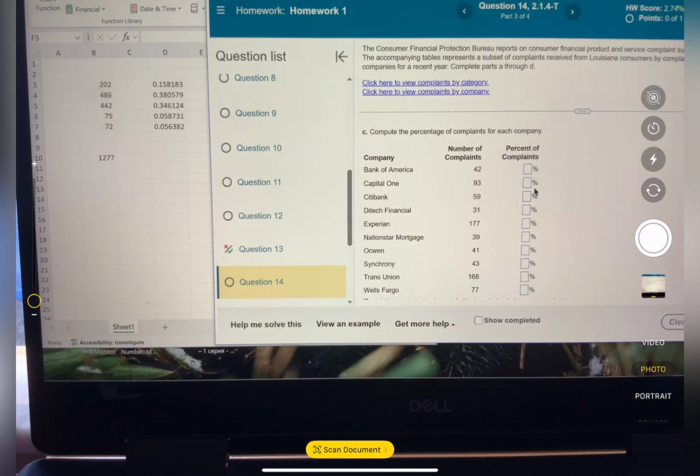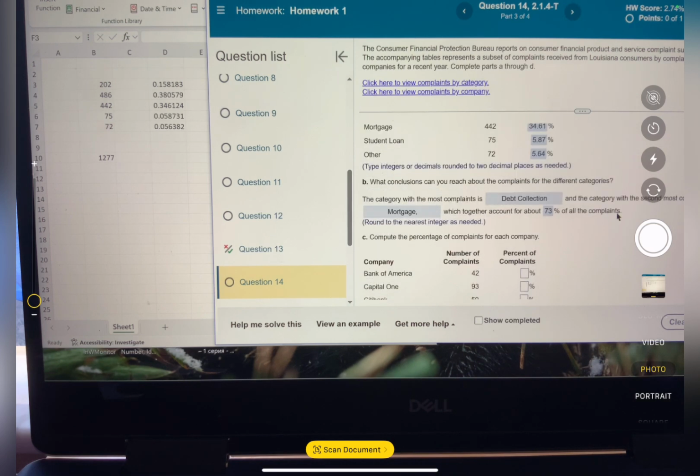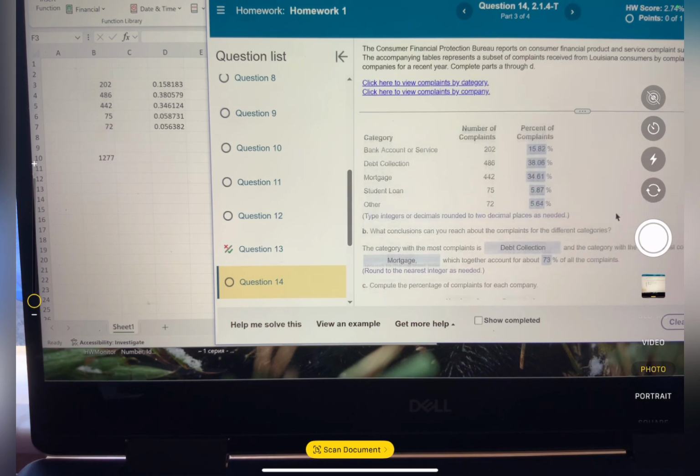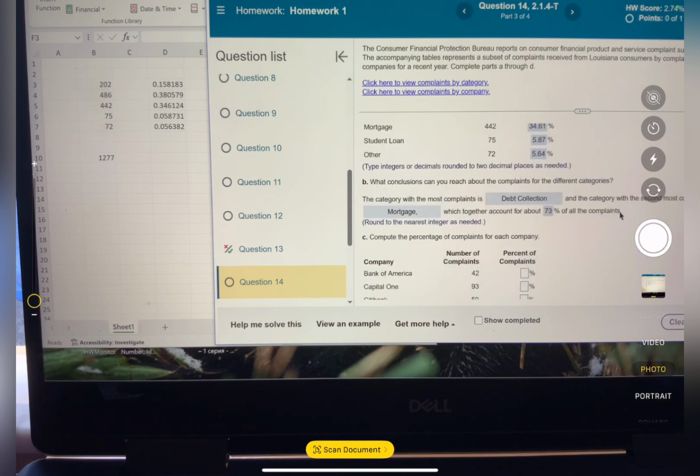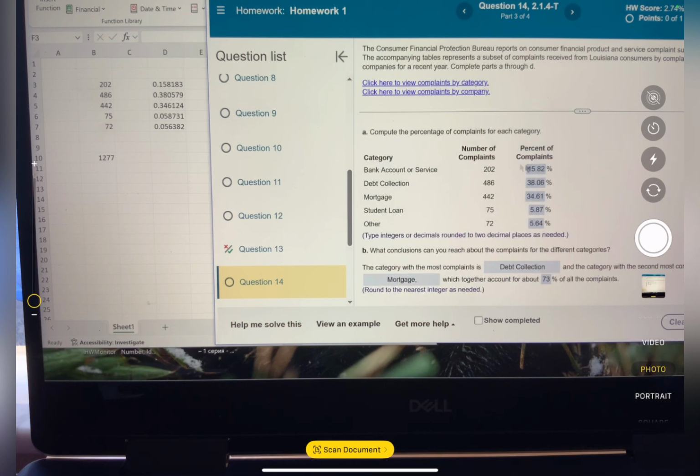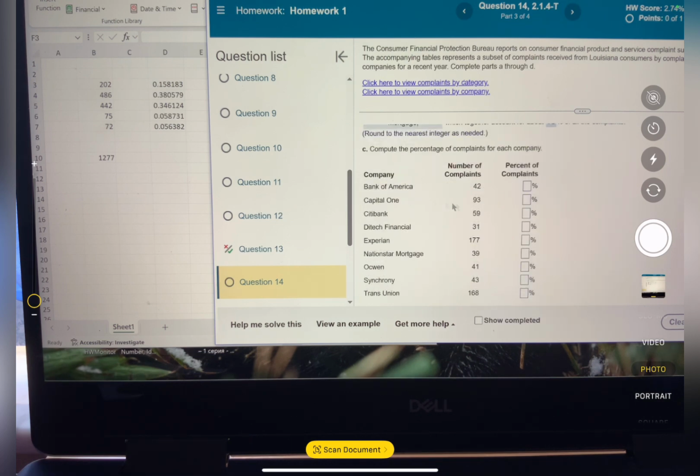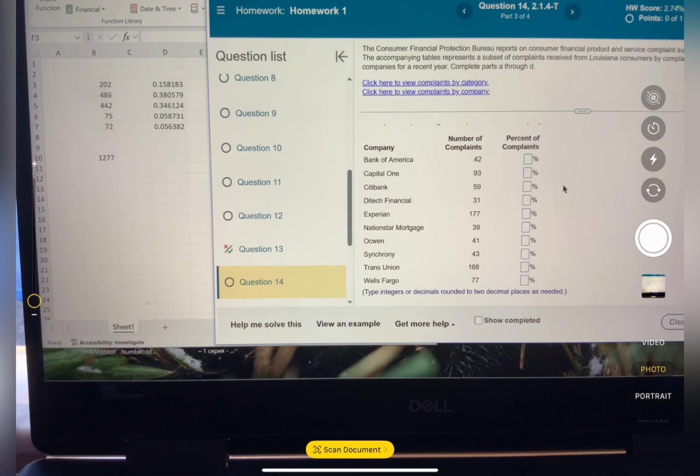All right, nice work. Now, what is this one? Percentage of complaints for each company, but we did it already, no? Oh, those were by categories, and here it is by bank. So we are doing the same way, guys.